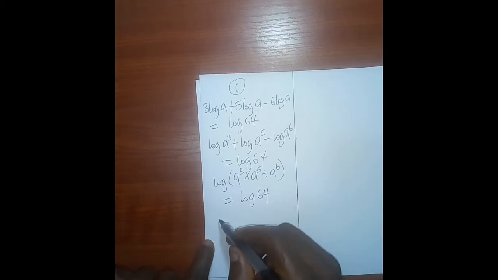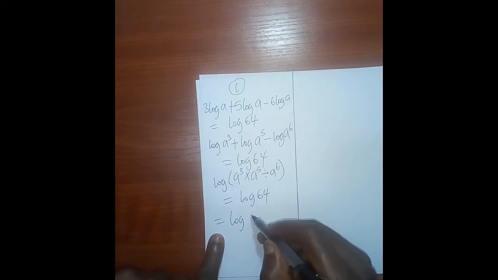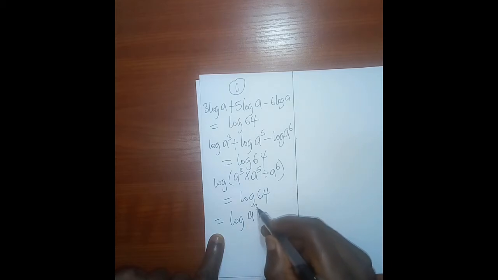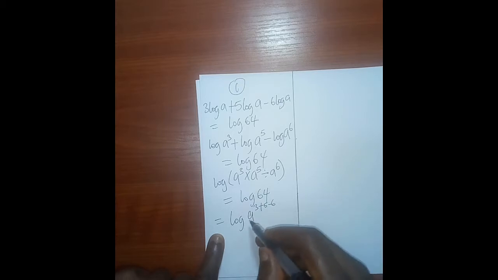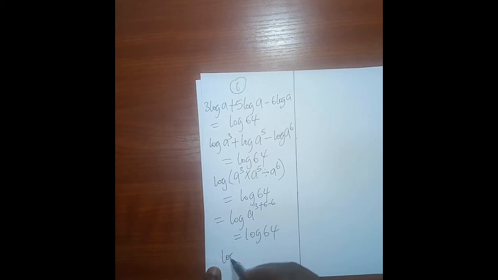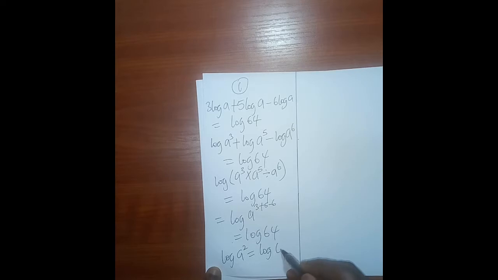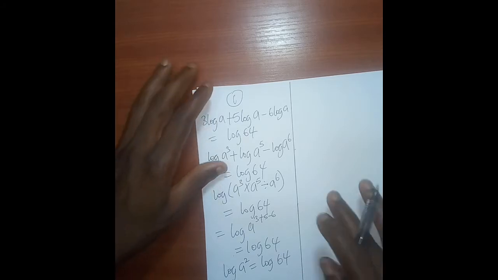Combining with indices, we have a raised to power 3 plus 5 minus 6, equal to log 64. This gives log a raised to power 2 equal to log 64.